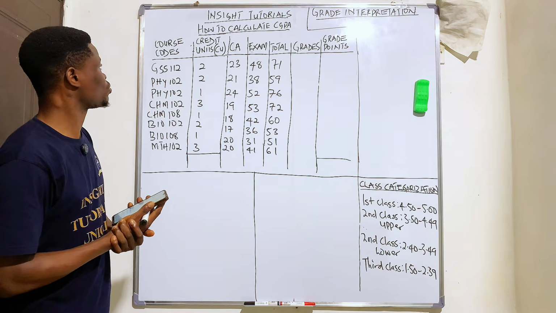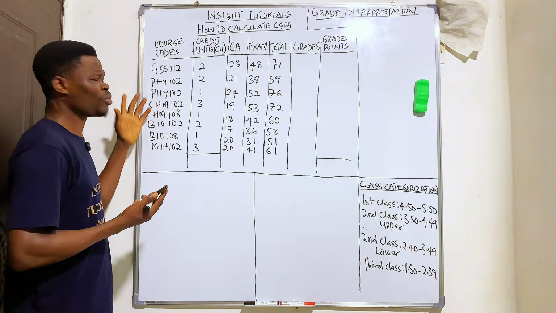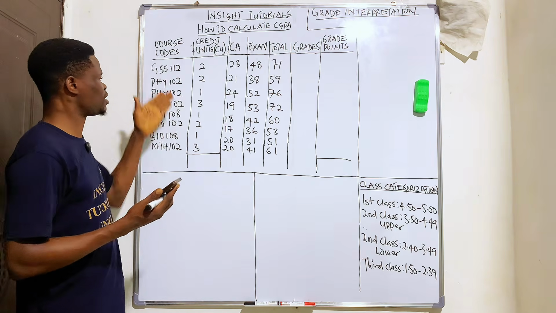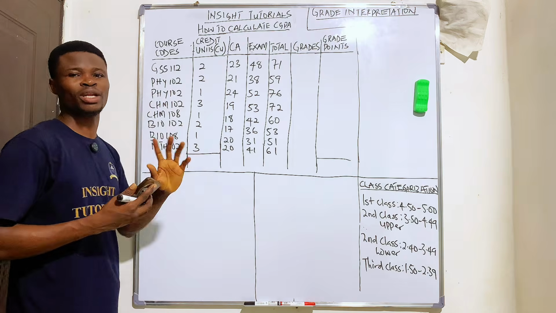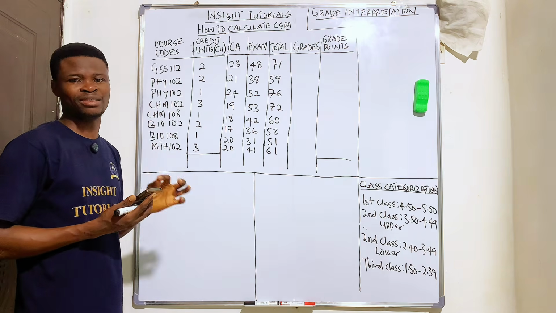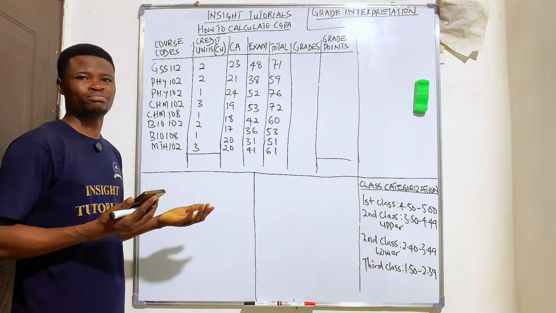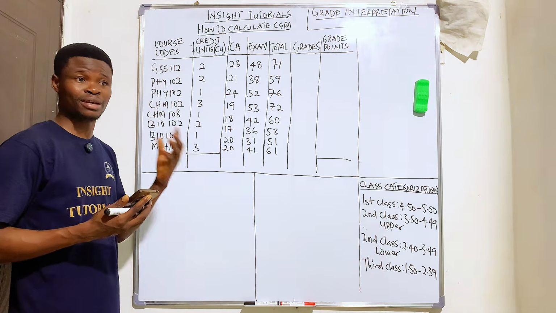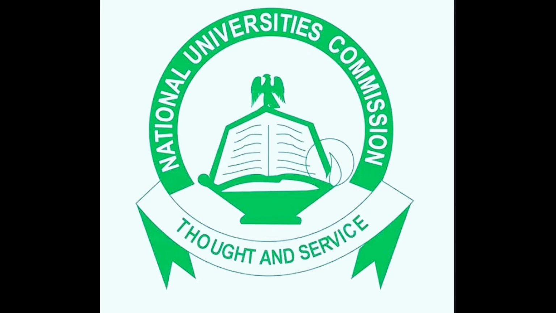The first thing I want to bring your mind to is what we refer to as the course codes. If you've ever wondered what courses written like this in a particular code mean: the course code is a unique identity or name that is assigned to a particular course, not by the lecturers or students. It is assigned by a particular university or perhaps the NUC.